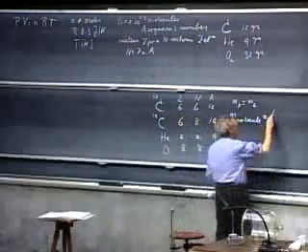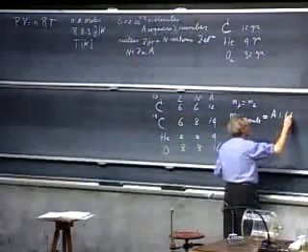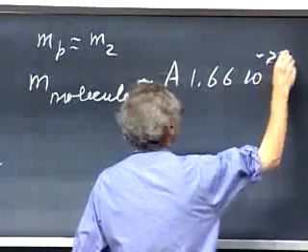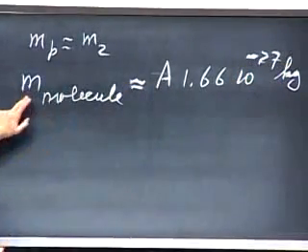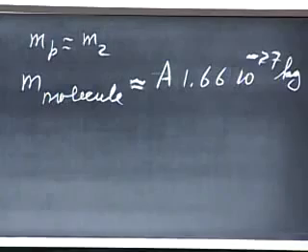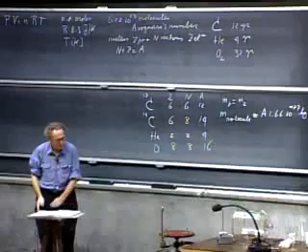And so this is A times approximately 1.66 times 10 to the minus 27 kilograms. So that's now an individual mass of either an atom or a molecule. And all that information you have there, and that's, of course, on the web.